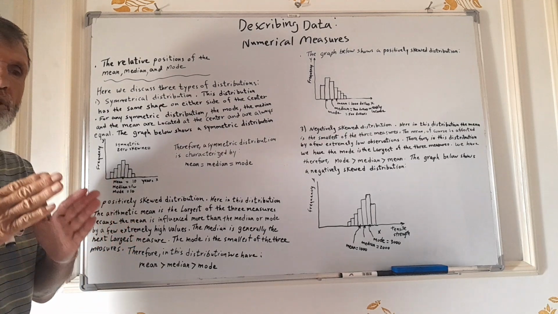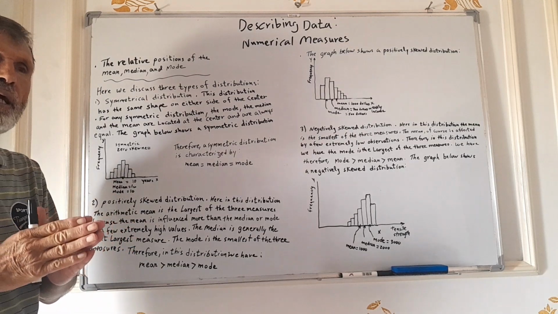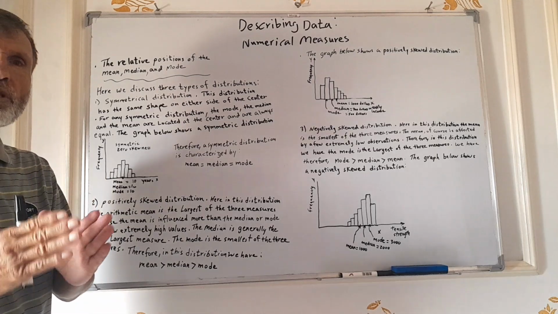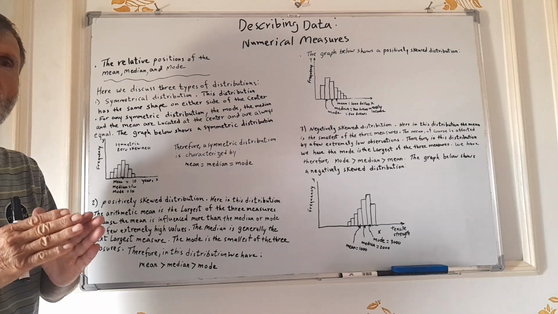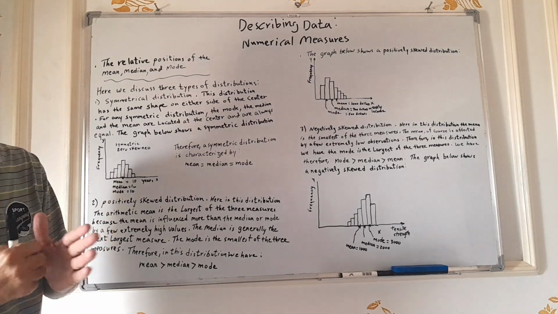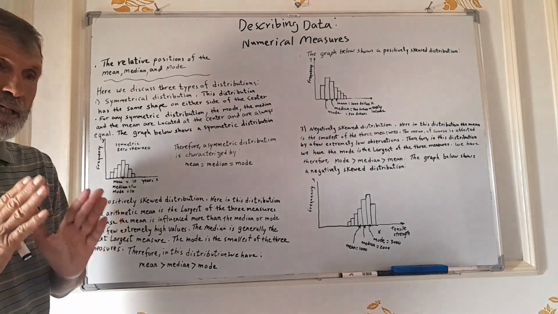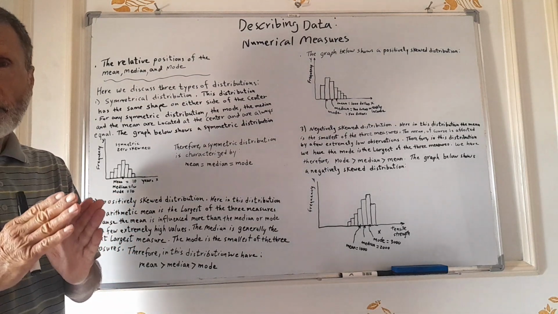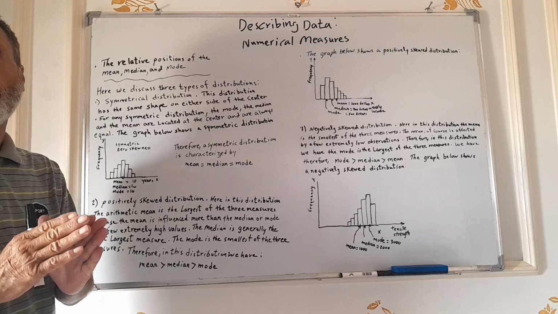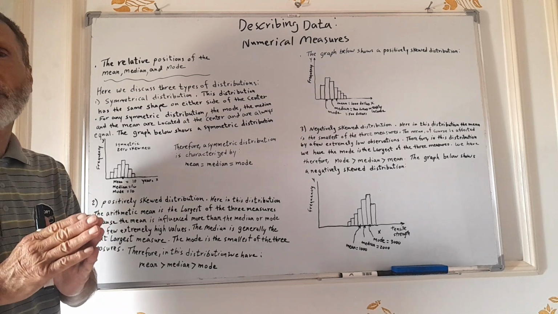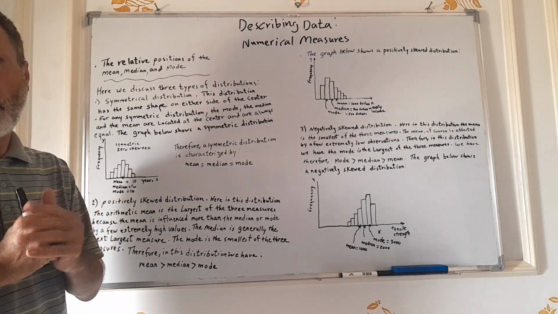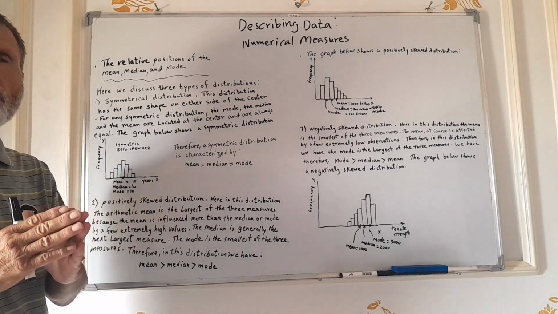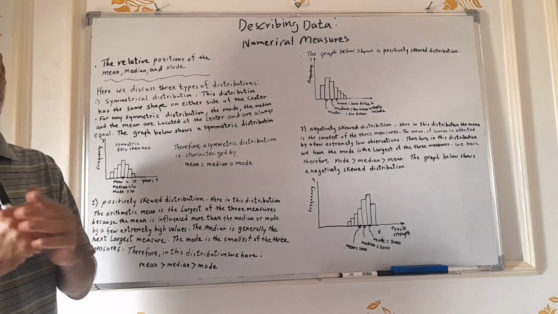Why? Because the mean, the arithmetic mean, is influenced more than the median and the mode by a few extremely high values. And that should tell us that the mean would not be a good representative of the data. So the median and the mode in this case would be more representative of the data.